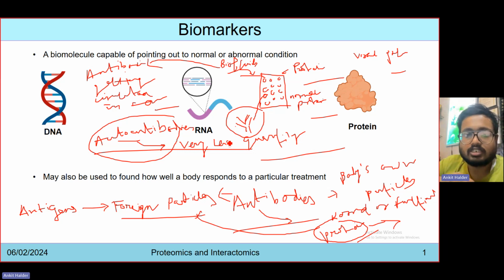For example, prostate specific antigen is the one which has been approved for prostate cancer. So by monitoring prostate specific antigen, one can understand whether a person is going to have prostate cancer or in which stage it is.